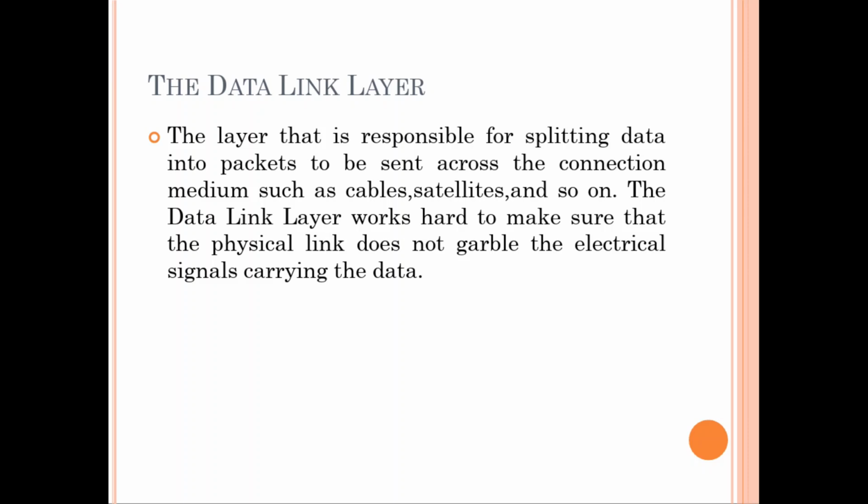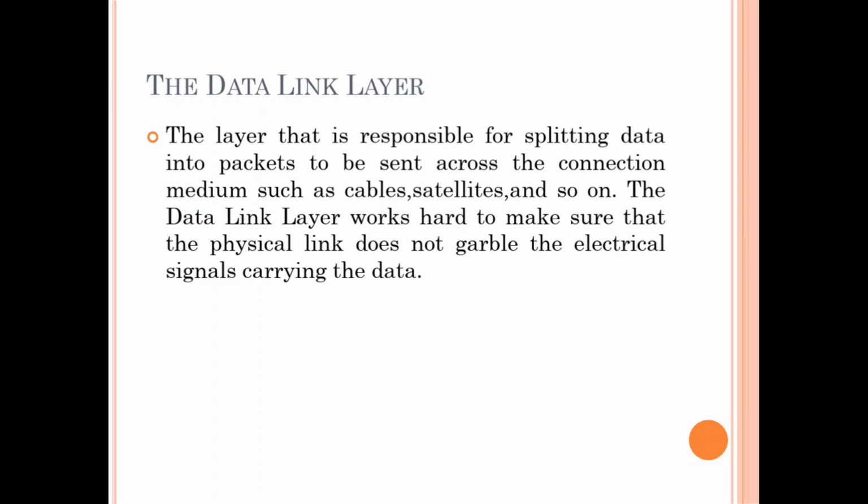The data link layer works hard to make sure that the physical link does not garble the electrical signals carrying the data. The main task of this layer is to split our data into a fixed number of packets, or we can say the size of every packet will be the same.